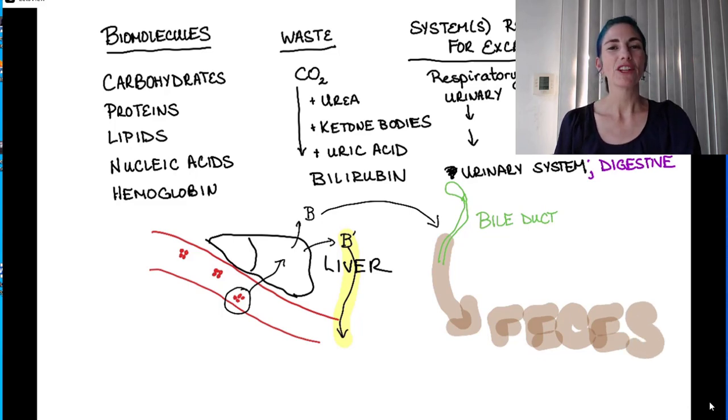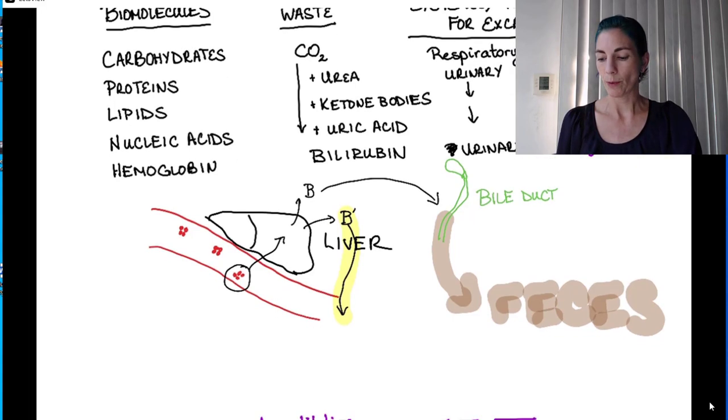All right, we've covered the biomolecules, we've covered their waste products, and now we've covered what systems are primarily responsible for their excretion. You'll notice the urinary system is the big one. One of the major functions of the urinary system is in fact waste excretion. Of course, it's not the only function. So let's list a couple other functions, and then we're going to end this mini lecture and pick up with the next one.